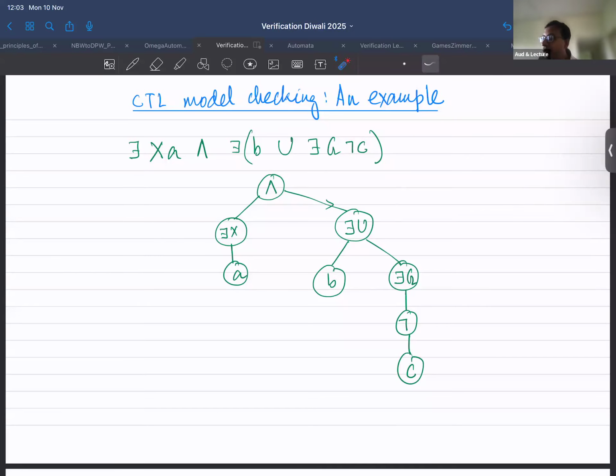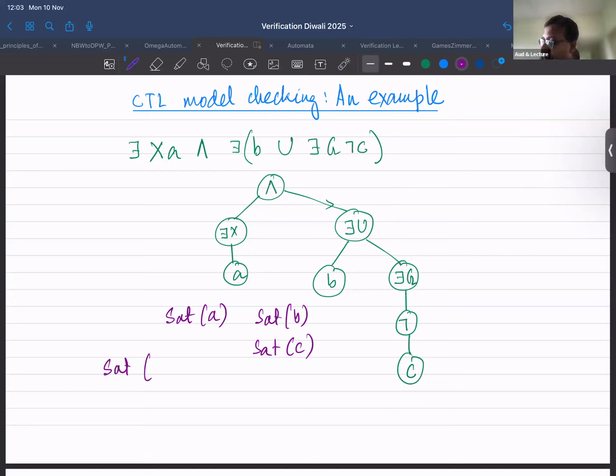So what we will do first is compute sat of A, similarly sat of B, sat of C. Then we will compute sat of exists X A. If you have this, from this you can compute this.